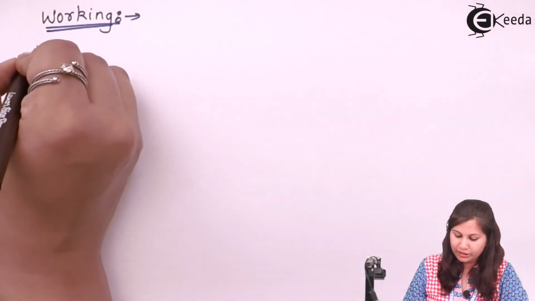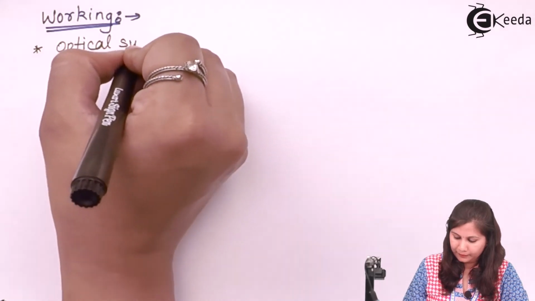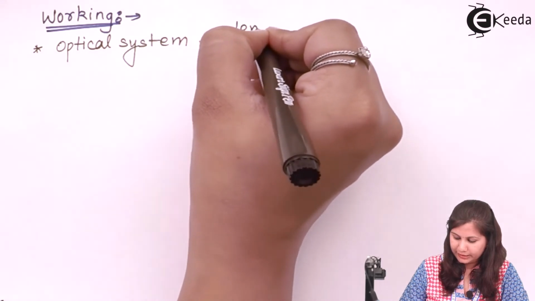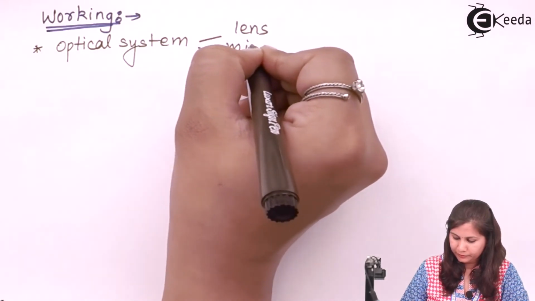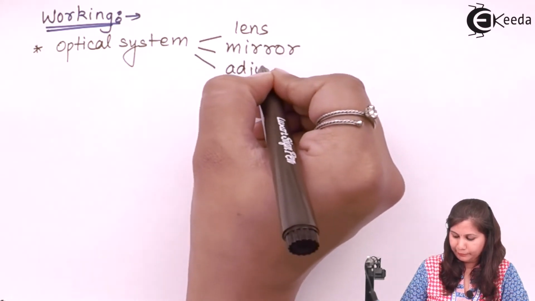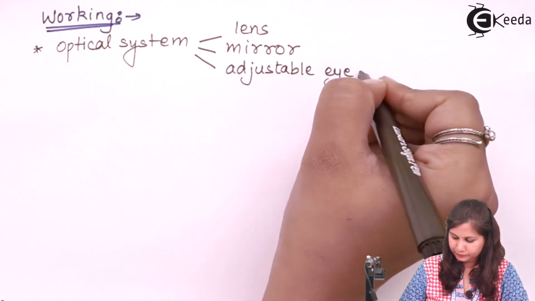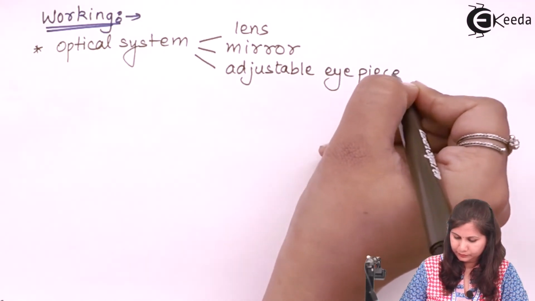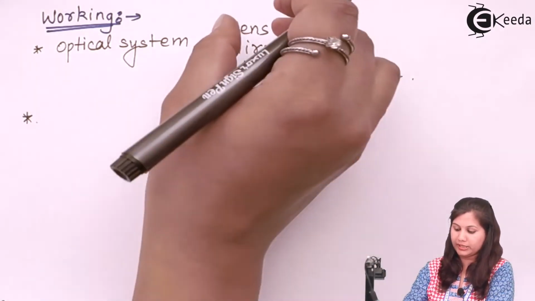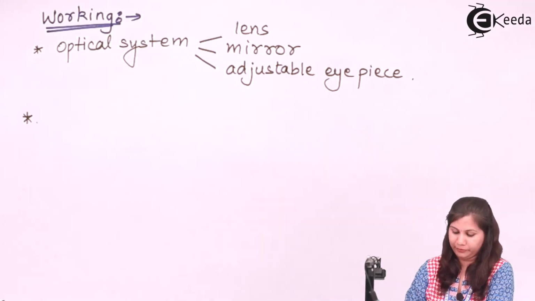So we can say that radiation pyrometer is an optical system which includes a lens, mirror and an adjustable eyepiece. Okay, so these are the parts of the optical system of the radiation pyrometer.